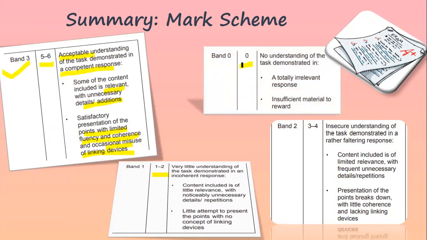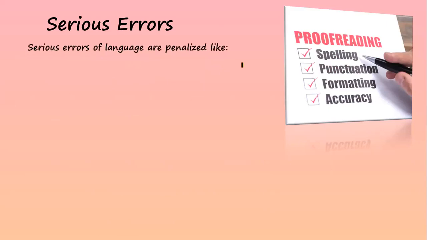Okay, so I'm sure that the mark scheme is understood by you, and it is really important that you know this mark scheme so that you can try improving your language standard. Now, the serious errors in summary writing will be discussed, okay? And I'm sure that you will see that if you are not making these.